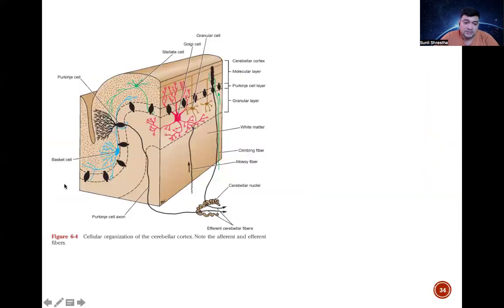So this one is the cellular organization of the cerebellar cortex, showing the afferent and efferent fibers. Here, in the cellular organization of the cerebellar cortex, this part is considered to be three layers: molecular, Purkinje, and granular. This is the outer cortex part, made up of gray matter, and this one is the white matter.